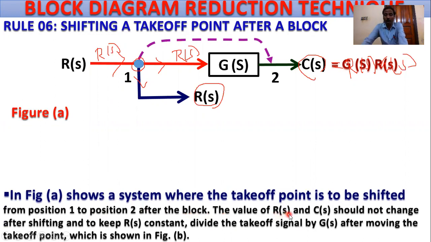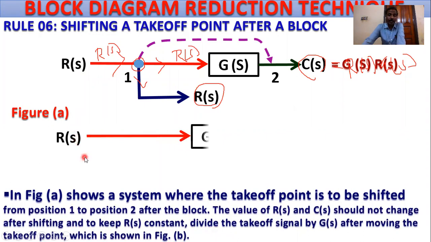The values of R(s) and C(s) should not change after shifting, and to keep R(s) constant, divide the takeoff signal by G(s) after moving the takeoff point, which is shown in figure B.